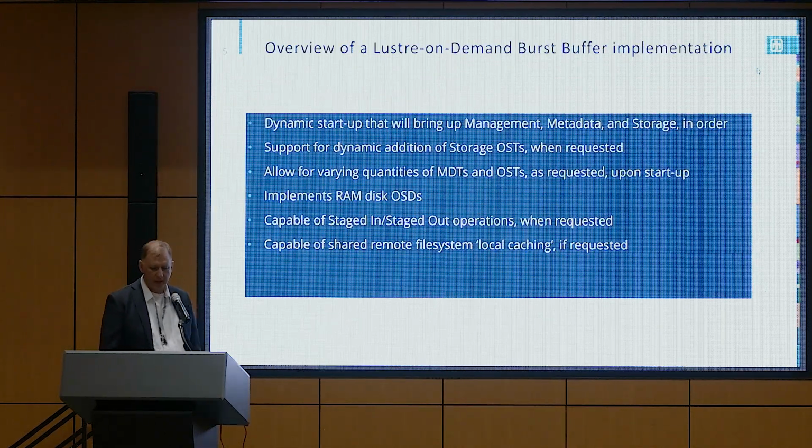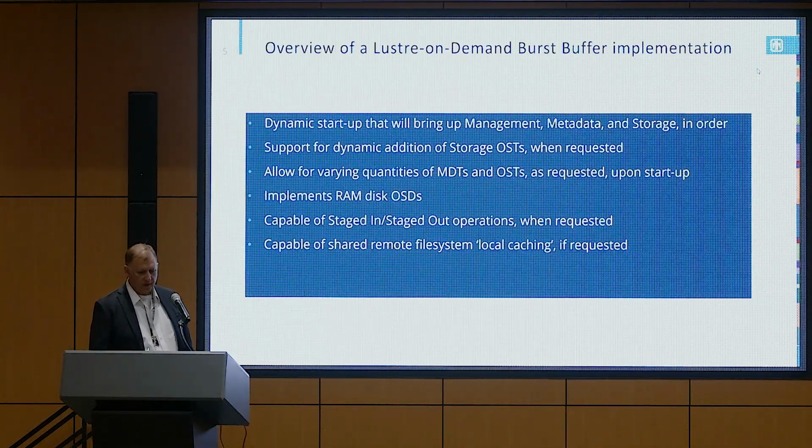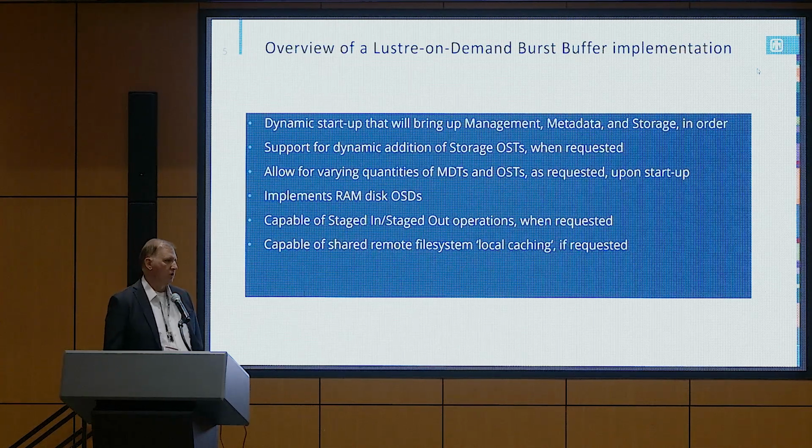So the main initial part is Lustre on-demand. We want to bring an on-demand parallel file system in for burst buffers, and we want it to be based on Lustre.